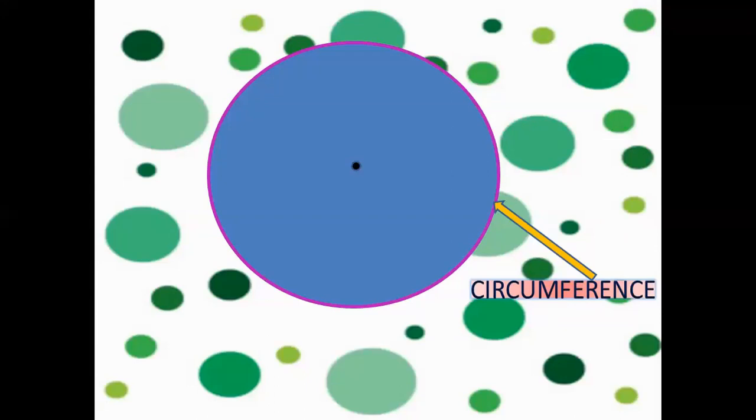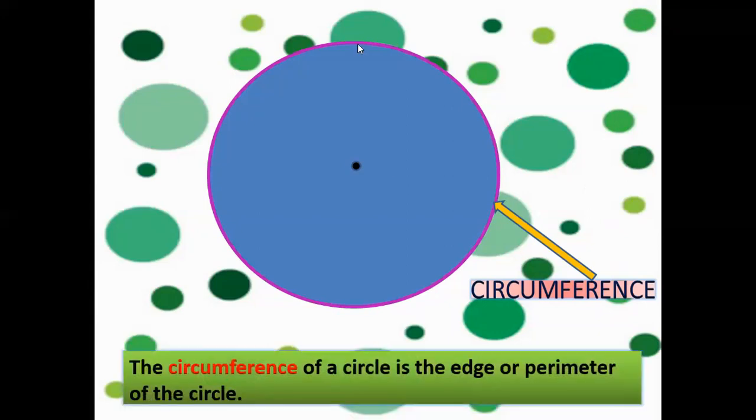The outer layer of the circle. The space around the circle, the outside of an object.